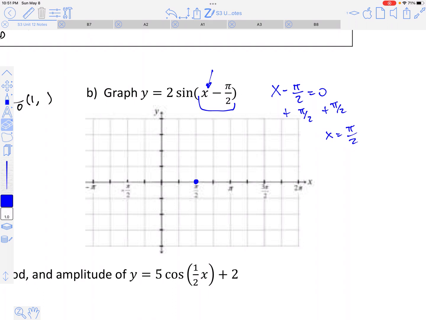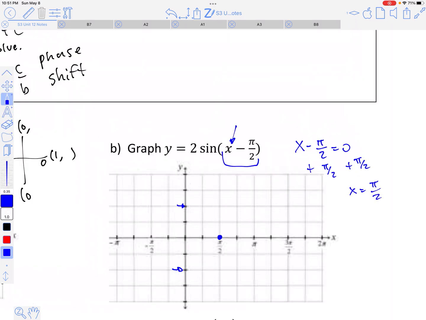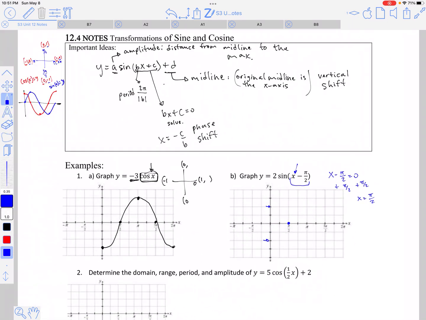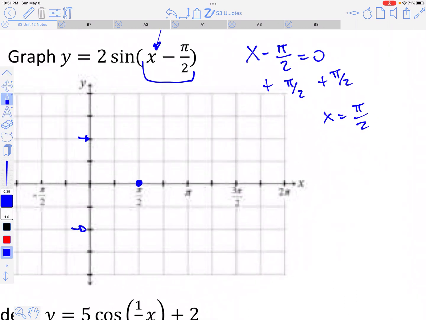Okay? All right, so our midline is not affected at all. There's no D over here, right? No D over here where I'm circling. So we only have amplitude and phase shift, nothing's happening to our period. So our amplitude is going to go to 2 and down to -2. Then we can just take our sine parent function, which is 0, 1, 0, -1, 0.